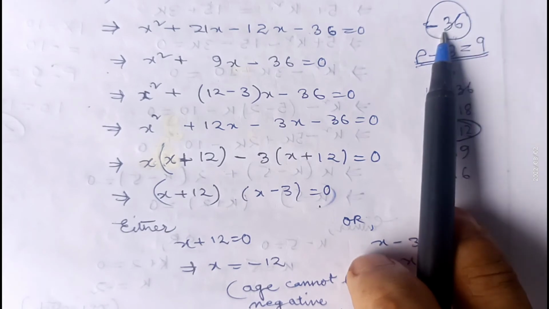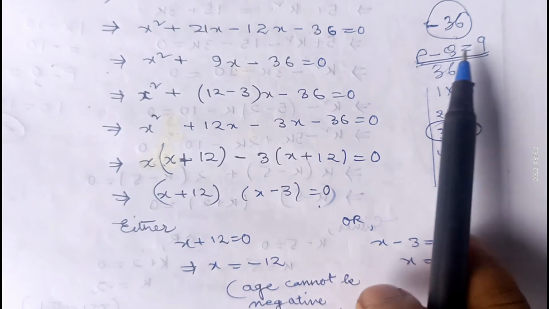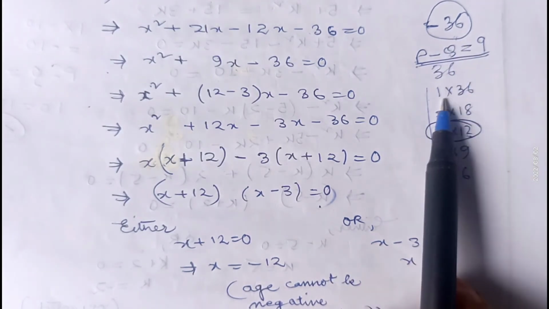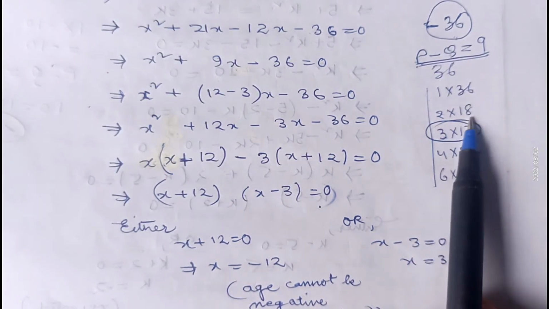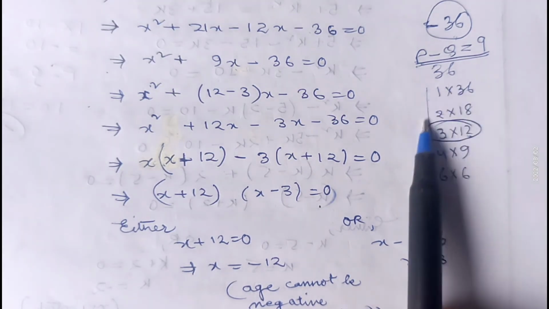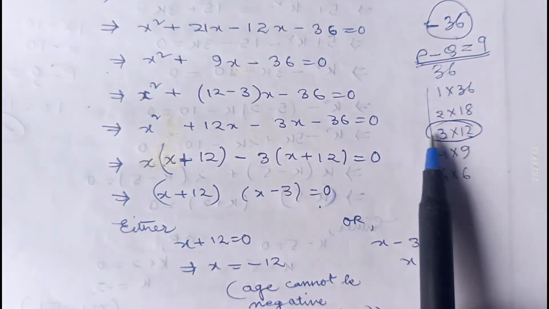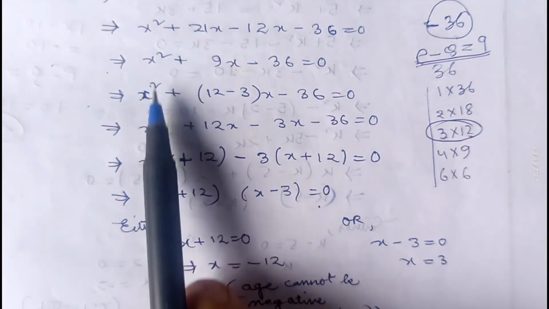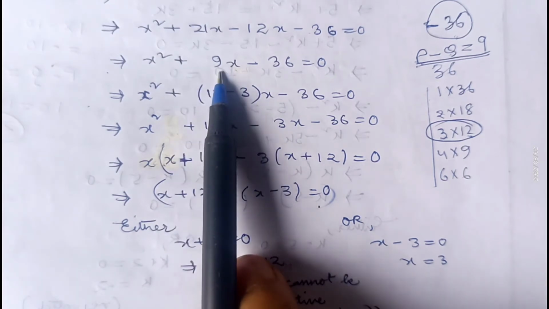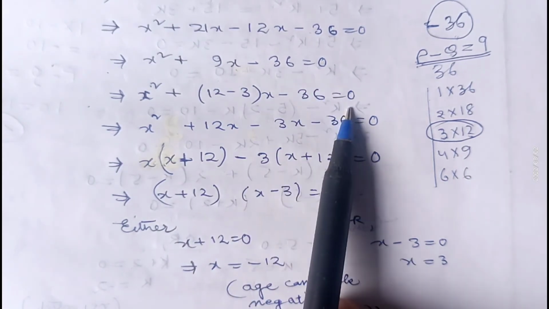Since it is negative, we need two numbers whose difference should be 9. Now 36 can be expressed as 1 into 36, 2 into 18, 3 into 12, 4 into 9, 6 into 6. From these options, I have to take 12 and 3 because 12 minus 3 is 9 and 12 times 3 is 36. So x square plus, instead of 9, I am writing 12 minus 3, x minus 36 equals 0.